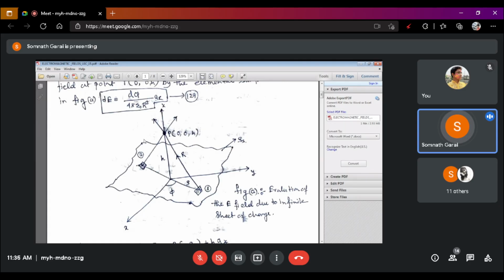The infinite sheet that is situated in the xy plane. Now, at the z axis, there is a point P whose coordinate is 0, 0, h.